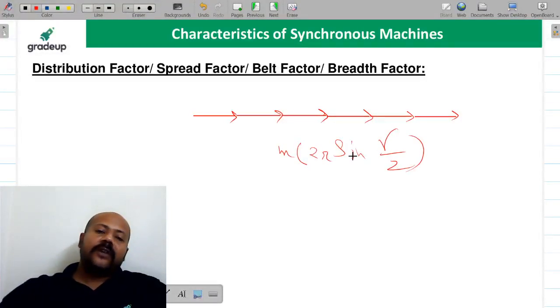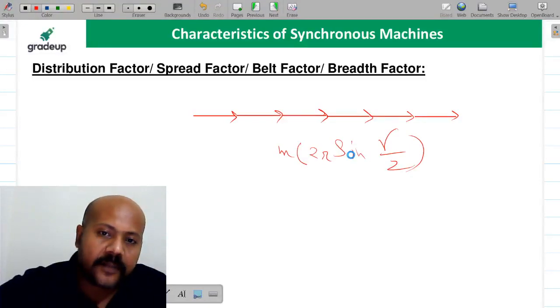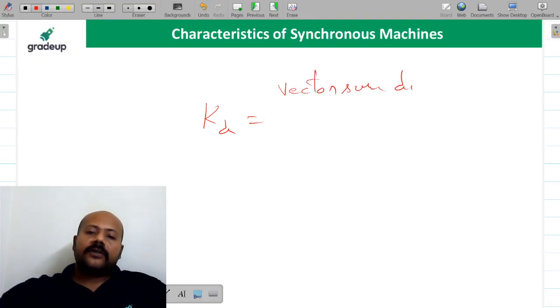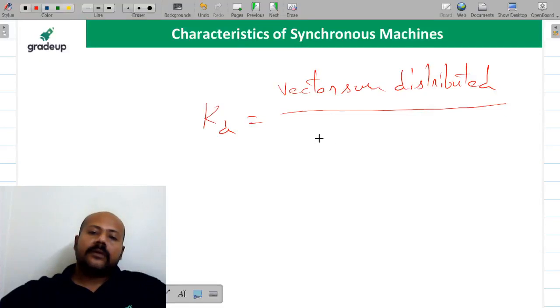And if you want to define the distribution factor or the breadth factor, you are going to write it like this. It is the vector sum for a distributed winding divided by the algebraic sum.